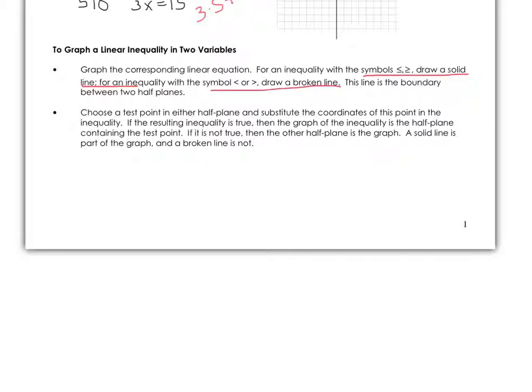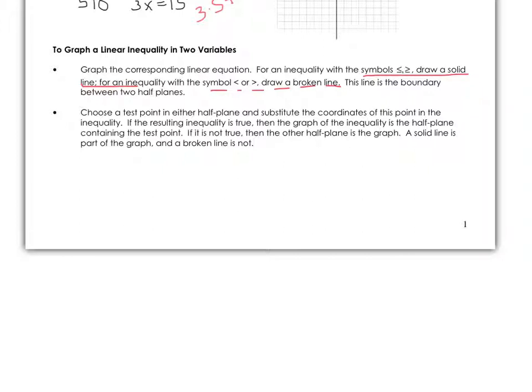A broken line is just a dashed line. This line is the boundary between the part of the plane, the half plane that is the answer, and the half plane that is not the answer. If the line is broken, that means the boundary is not part of the answer.